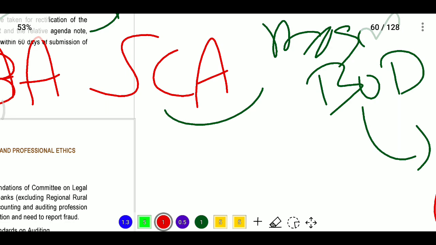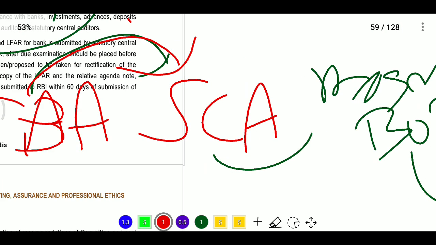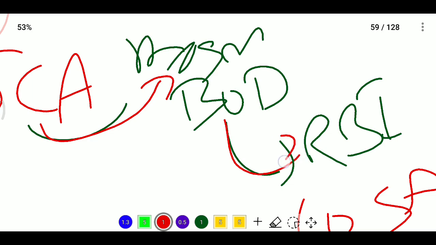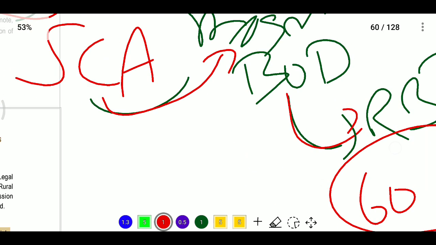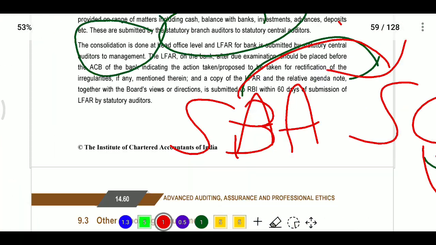This is the LFAR case: from statutory branch auditor to statutory central auditor, then to management or board, and the board submits to RBI within 60 days. That is LFAR.